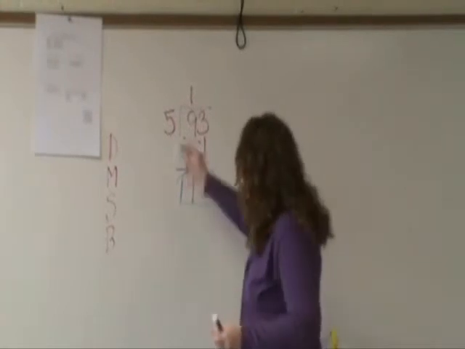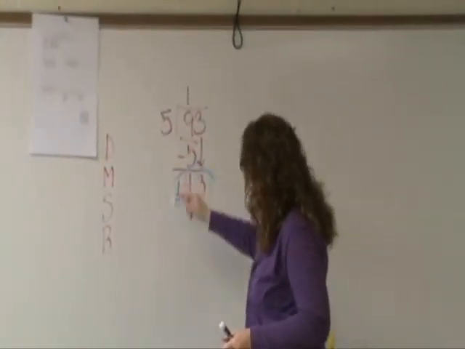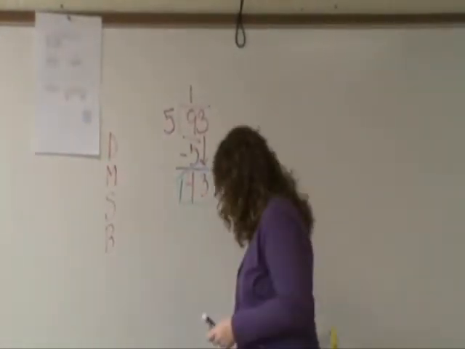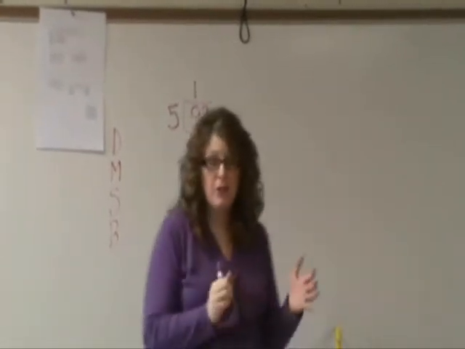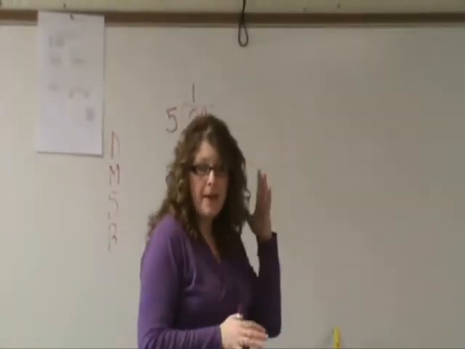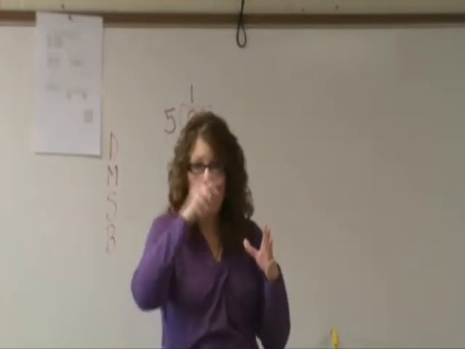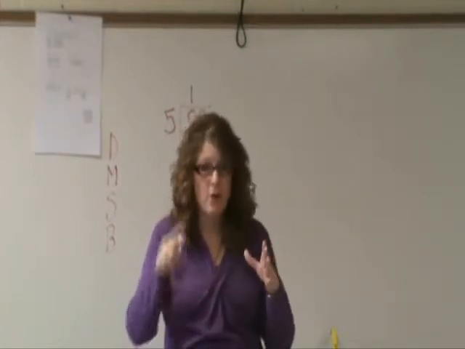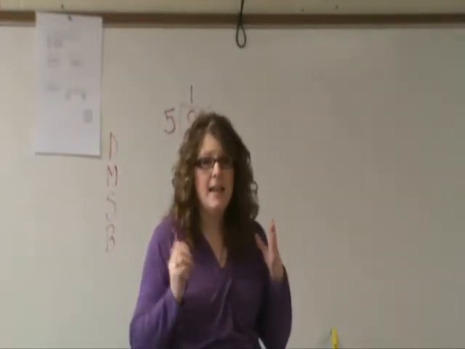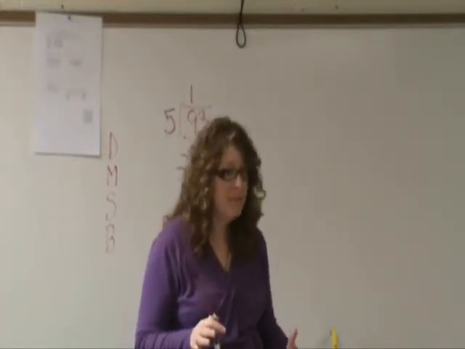So we say to ourselves, how many times does 5 go into 43? Now we have different strategies we can do. We could draw a picture with 5 circles, and we could put 43 tally marks in those circles. That takes a long time, we decided, right?